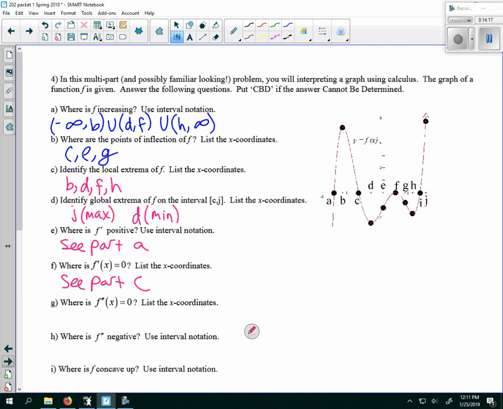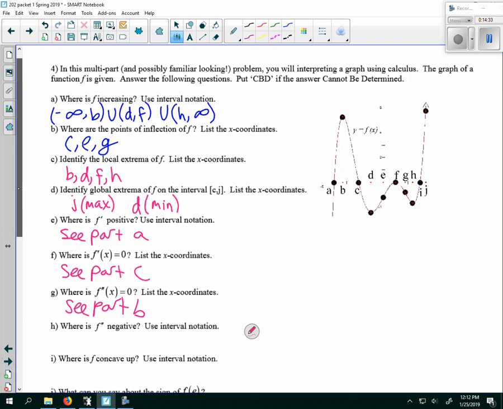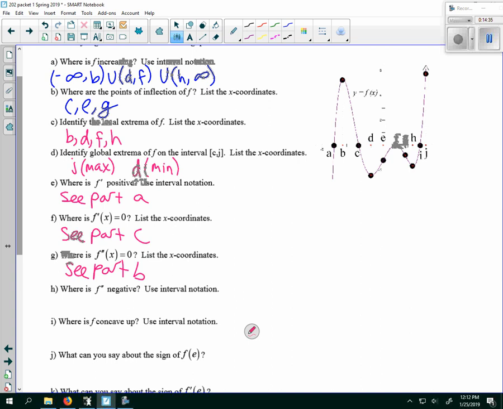Where is f double prime 0? That happens at points of inflection. So C, E, and G, C part B. Where is f double prime negative? So that is where the graph is concave down. A function's second derivative is negative when the function is concave down.